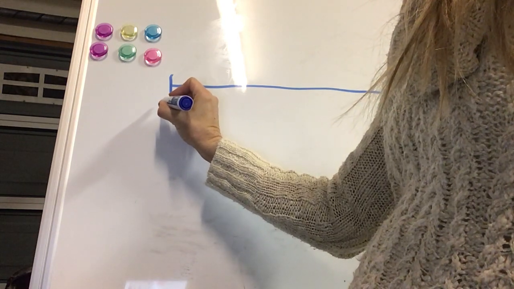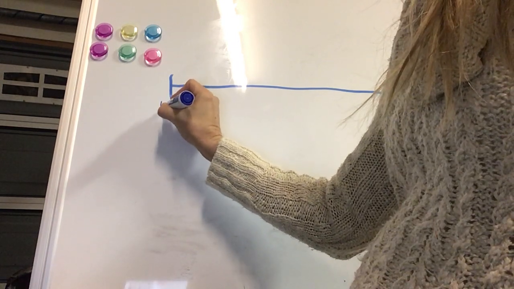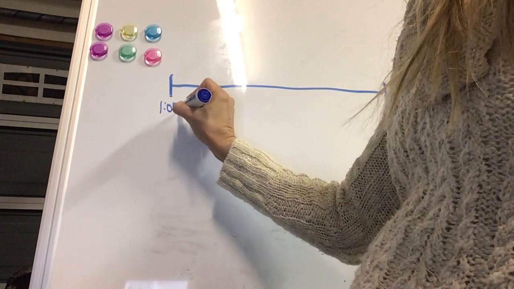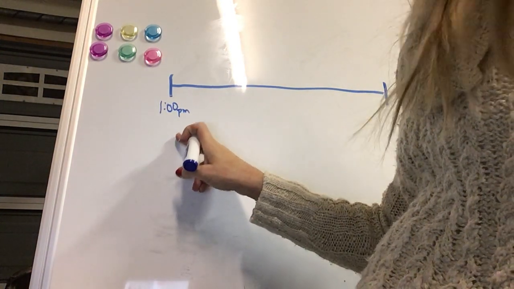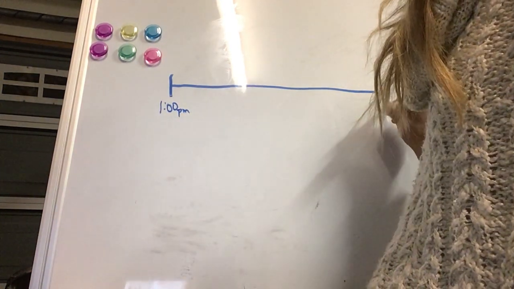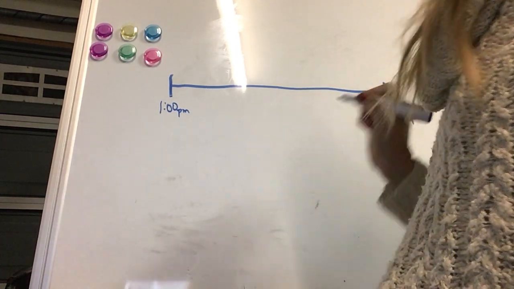Should we make it easy or hard? We'll start easier. We're gonna say 1 o'clock p.m. PM is the afternoon, so we've already had lunch, it's not the morning. And it's gonna end at 2 o'clock p.m. So go ahead and draw that out.